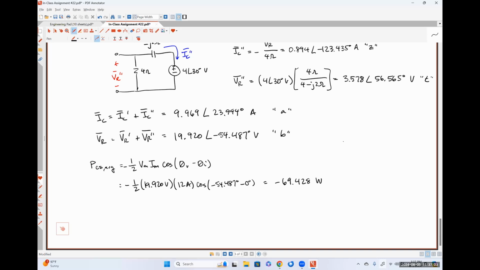For our resistor, what relationship should I use? So do we know the voltage drop across the resistor, or do we know the current flowing through the resistor?